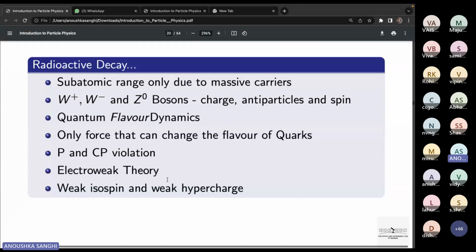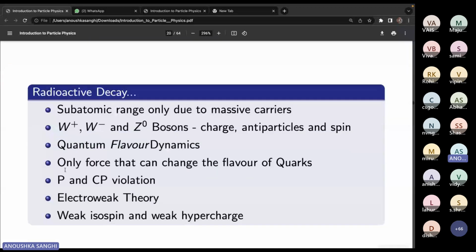Since there is a parity and charge parity violation, that's why we talk about radioactive decay. In radioactive decay, or weak nuclear interactions, there is a charge violation for matter and antimatter. What is antimatter? Suppose I talk about an electron and a positron: the mass is the same for both, but the charge is different. If it is e minus, then the other is e plus.